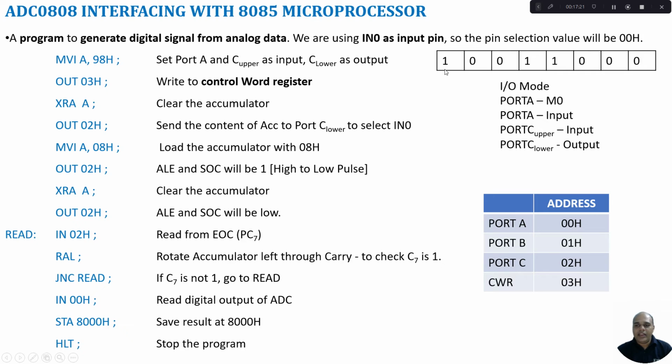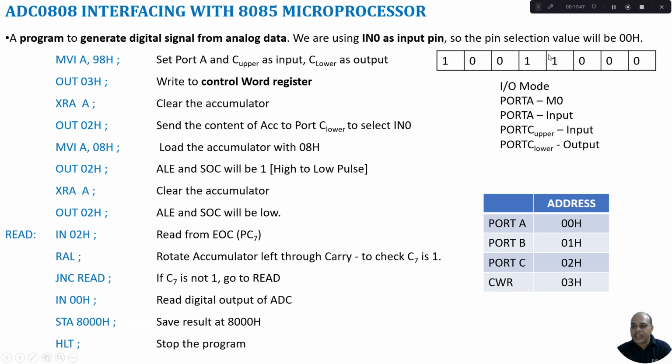So what is 98? 1 0 0 1 1 0 0 0. This 1 represents that it's an I/O mode. The next 2 bits are for port A. Port A 00 means it is in mode 0, simple I/O mode. Then the next bit 1 represents port A, which we are going to use as an input port.